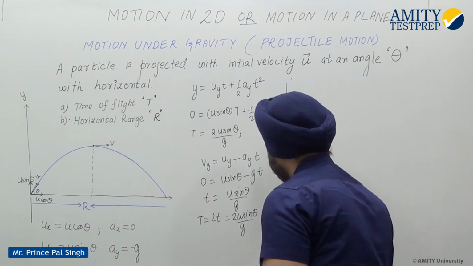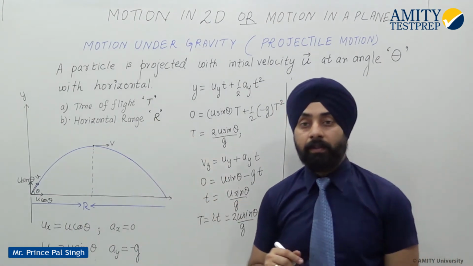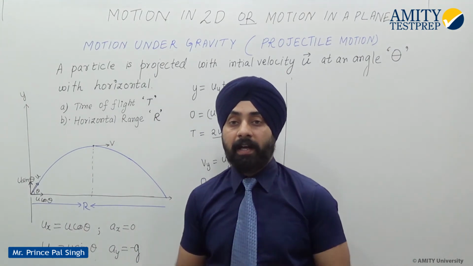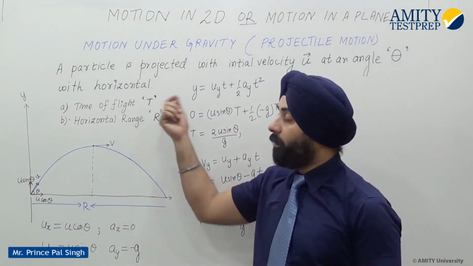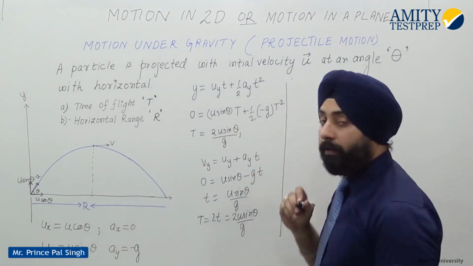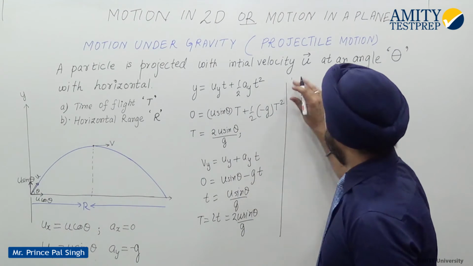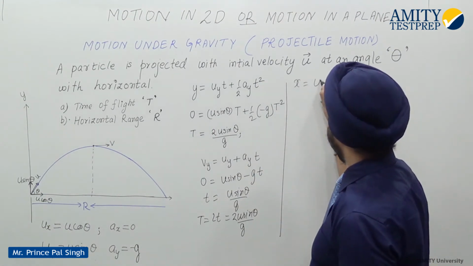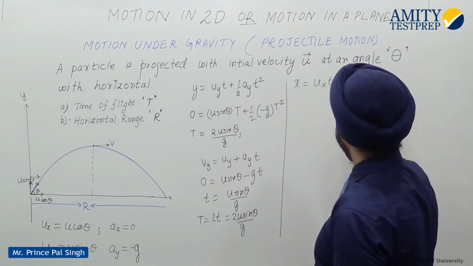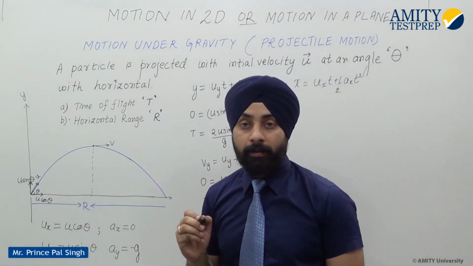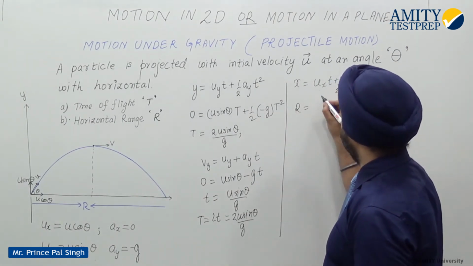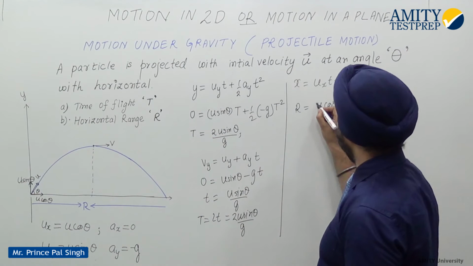Now let's come to the range. How to derive the horizontal range? The horizontal range is the displacement of the particle along x-axis in the time which is equal to time of flight. So for this I will use the second equation of motion along x-axis, which is x equal to ux t plus half ax t square. Now we know that ax is 0 over here and x is equal to R, so I will put u cos theta in place of ux.